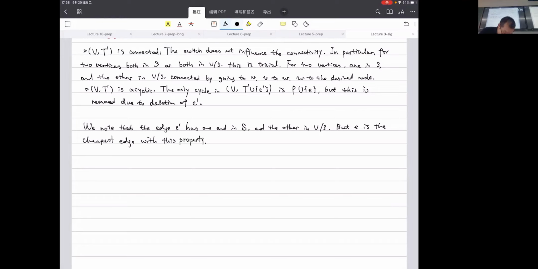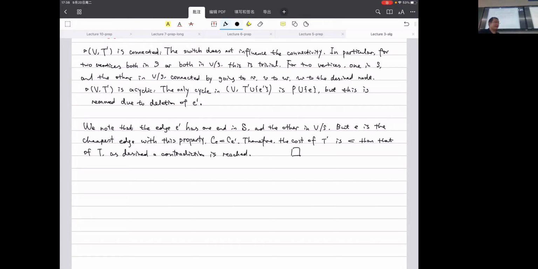So that is going to say that the cost of E is smaller than the cost of E prime. Therefore, the cost of T prime is smaller than the cost of the tree T here, which is as desired. The contradiction is reached, and this finishes the proof.